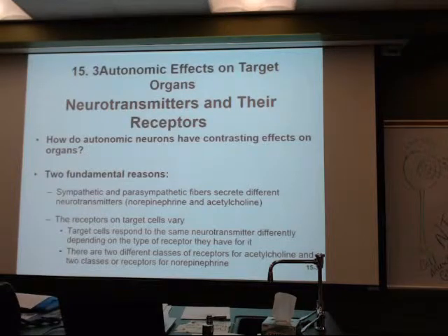Glycoprotein. Glyco, what does it make you think about? Sugar. These had a sugar chain coming off of it. We also had glycolipids, where there were sugars coming off of them, okay?